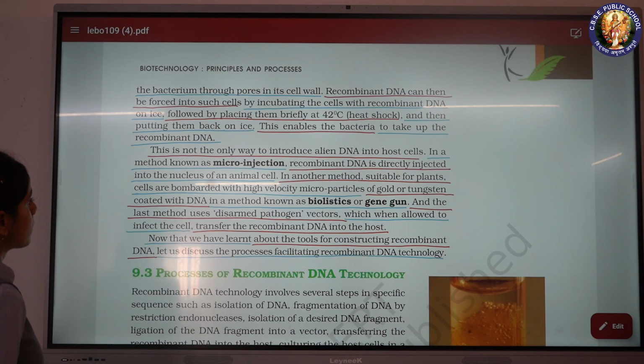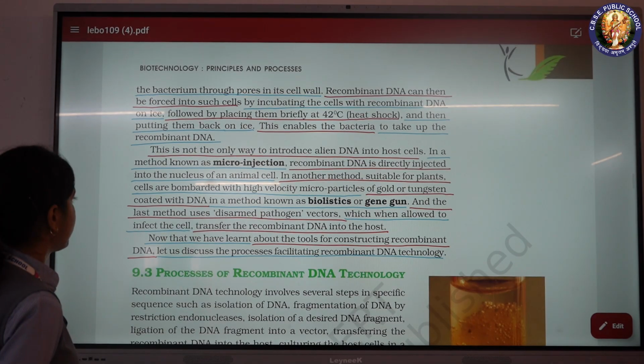In another method suitable for plants, cells are bombarded with high velocity microparticles of gold or tungsten coated with DNA, in a method known as biolistics or gene gun.